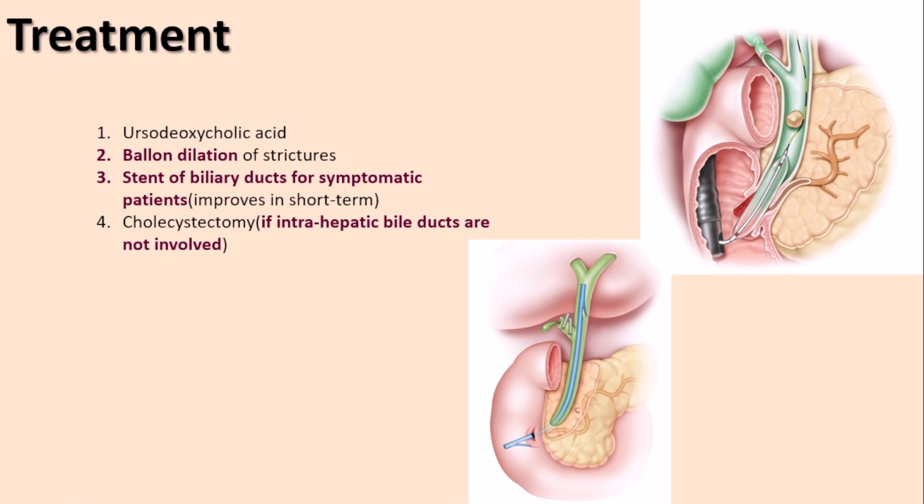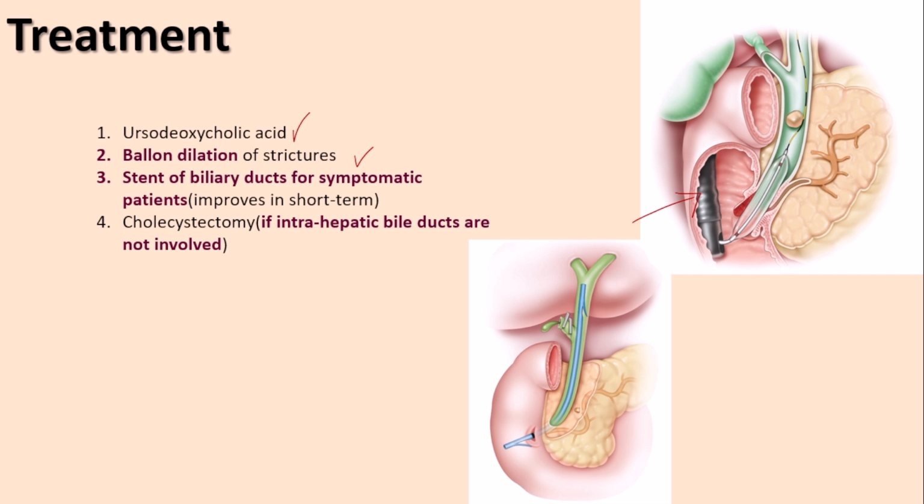Now, what are the treatment options for primary sclerosing cholangitis? Number one, note that all the patients are going to be given ursodeoxycholic acid, which has been shown to slow down disease progression. Also, we can do balloon dilation of the strictures, and here you can see how we do it. We insert a balloon into the biliary ducts, and we dilate it in order to relieve the symptoms.